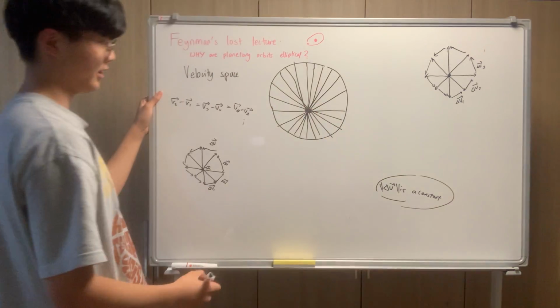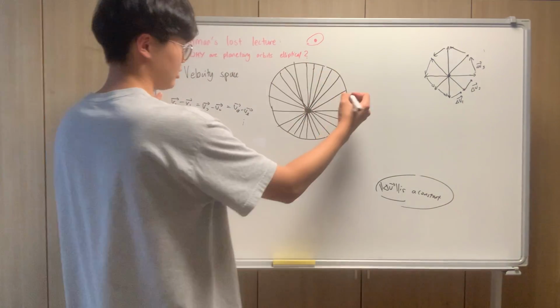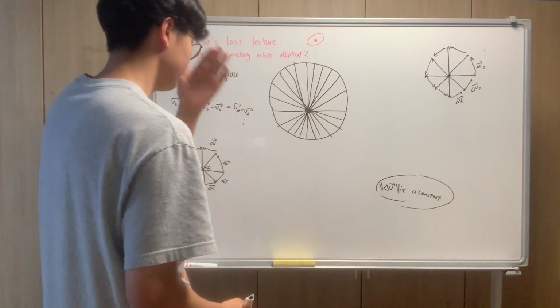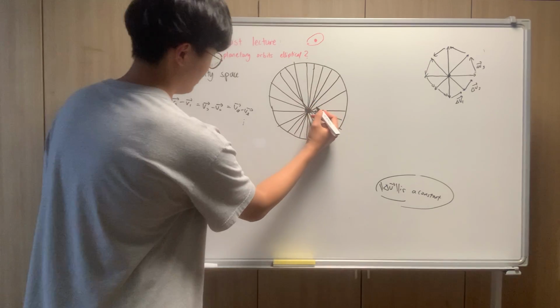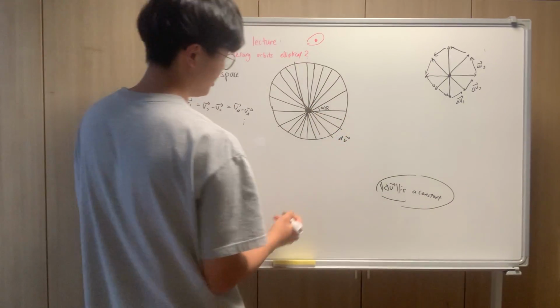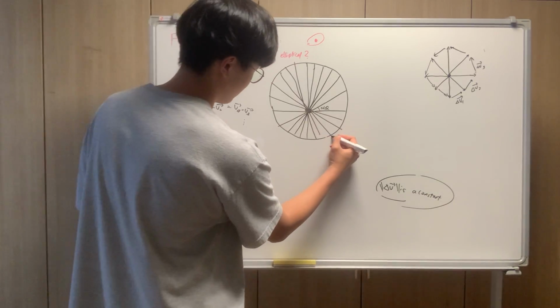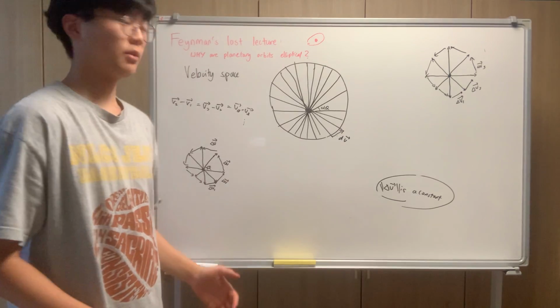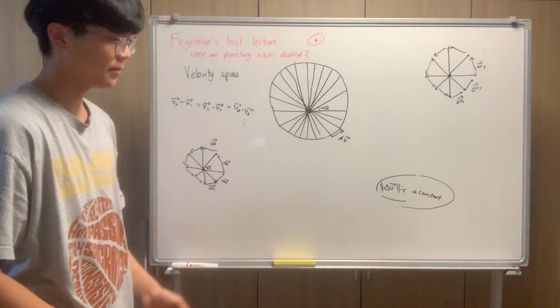We're going to have something like this, whereby the length here is not really the same, but you could imagine them being the same, whereby we have a d theta here, and then the change in velocity over here. It's going to be something really close to a circle.